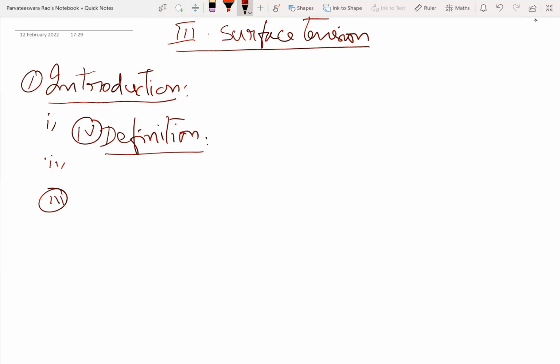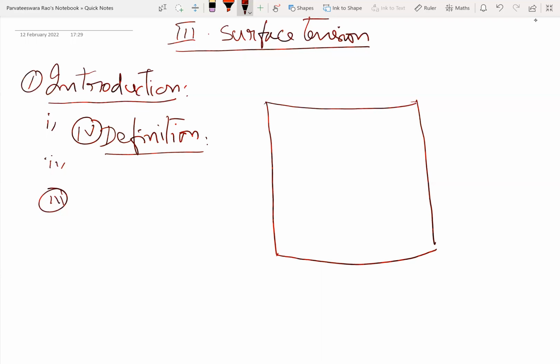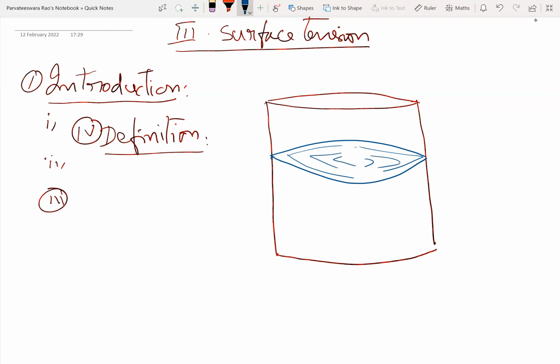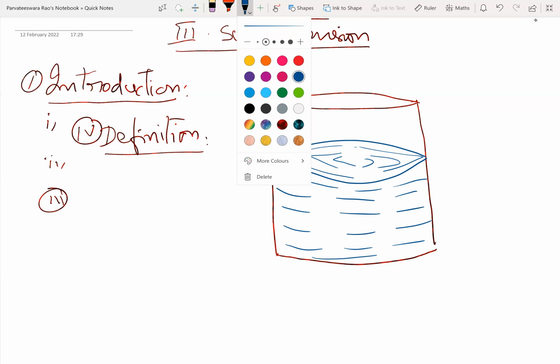Now let us try to define it. Here is a container, and you have taken a liquid in the container. This is a free liquid surface. We cannot draw any line, but we can imagine a line.